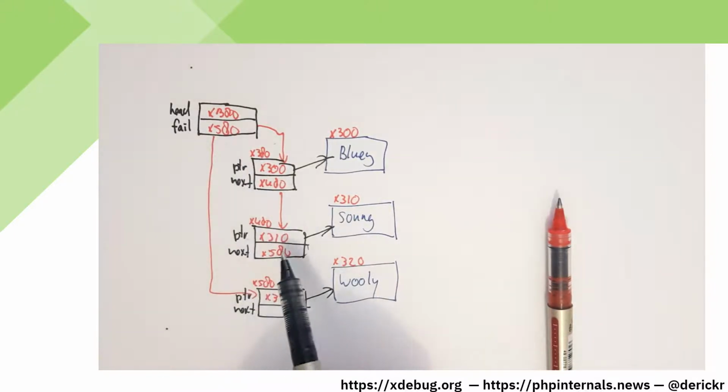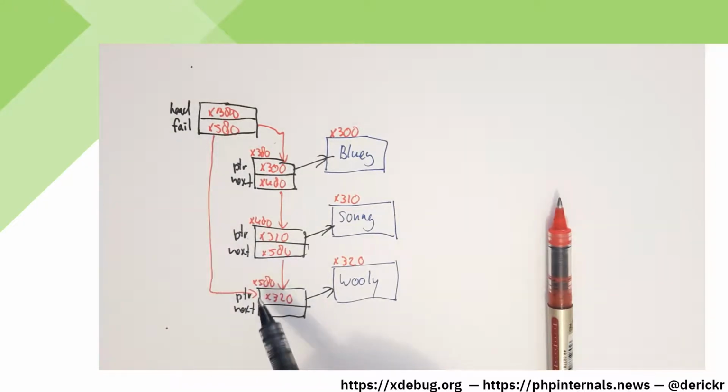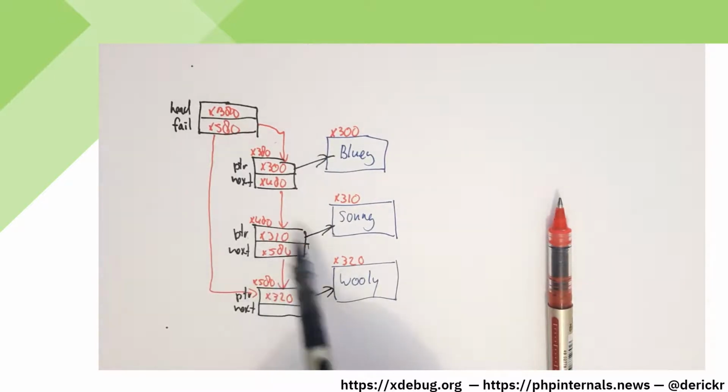So it says pointer equals pointer next. So then pointer is 580. And at this moment, the pointer is now the tail. Which is great, but we've already forgotten what pointed here. So we also need to keep our previous element as well.